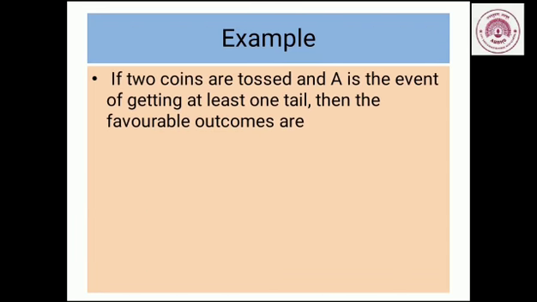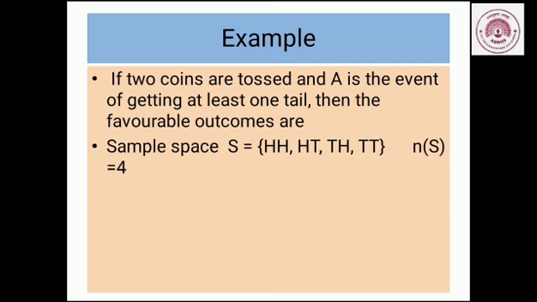If two coins are tossed and A is the event of getting at least one tail, then the favorable outcomes are... Now here, when two coins are tossed, sample space S will be {HH, HT, TH, TT}.